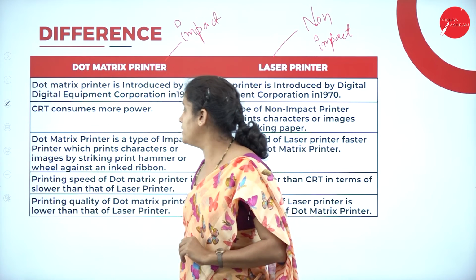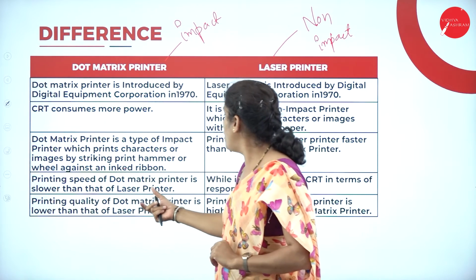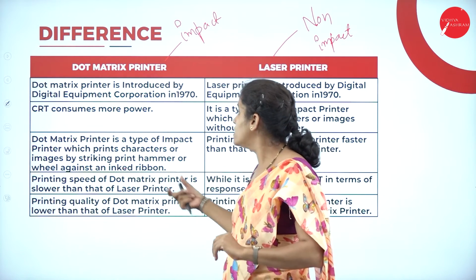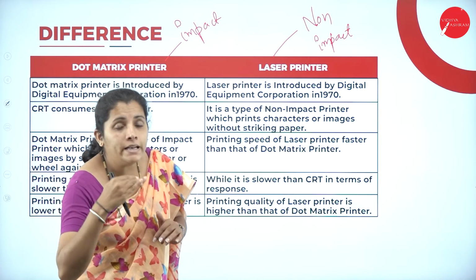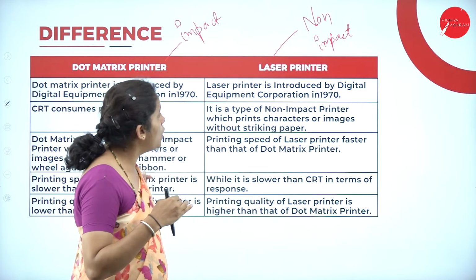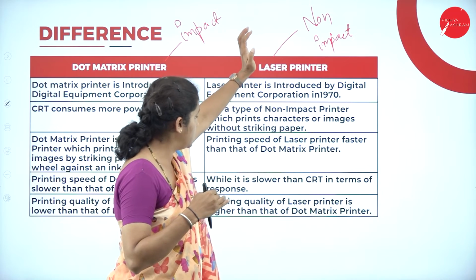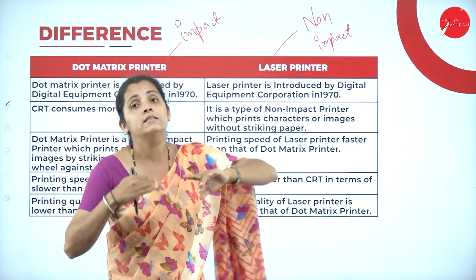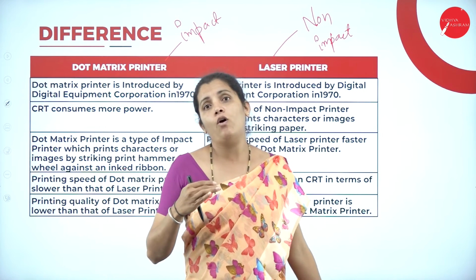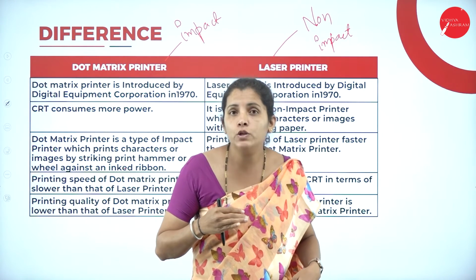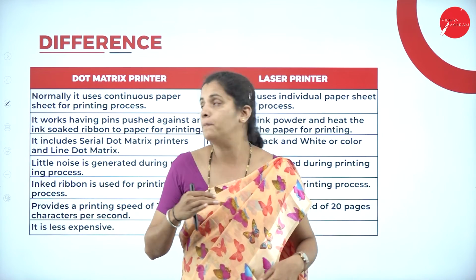Then the next difference: the printing quality of a dot matrix printer is lower than a laser printer. That means the printout quality is lower compared to a laser printer, whereas the laser printer produces good quality output using ordinary paper.